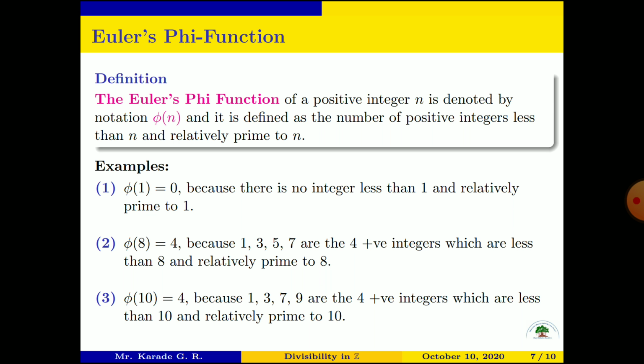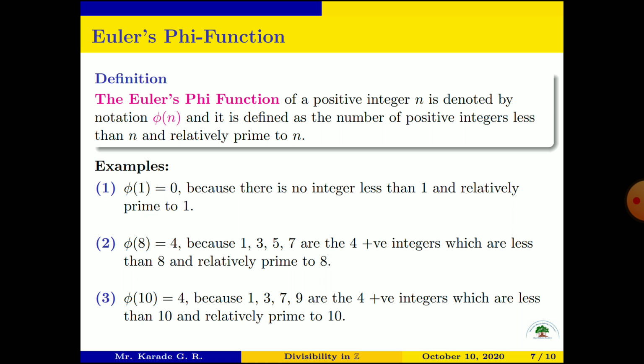Now consider the next example, phi of 10 is equal to 4 because 1, 3, 7, 9 are the 4 positive integers which are less than 10 and relatively prime to 10. Therefore, phi of 10 is equal to 4.